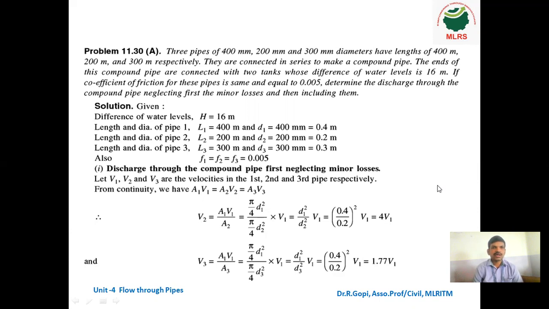The ends of this compound pipe are connected with two tanks whose difference of water levels is 16 meter. If the coefficient of friction of these pipes is the same and equal to 0.005, so the coefficient of friction value for all three pipes is 0.005. Determine the discharge through the compound pipe, neglecting first the minor losses and then including them.